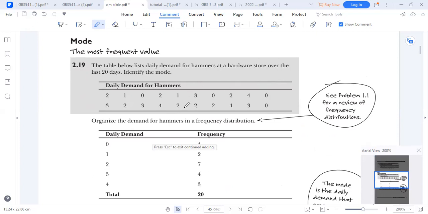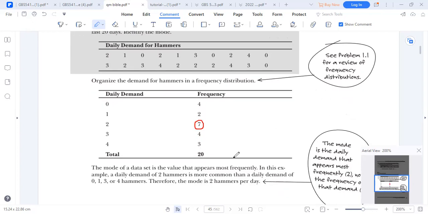So they're asking us to find the what? The mode. The mode is simply the highest frequency. So in this case, our highest frequency is not a 7, but the daily demand of 2. We're able to tell from here that our mode is 2 because it appears the most. So 2 is our mode.